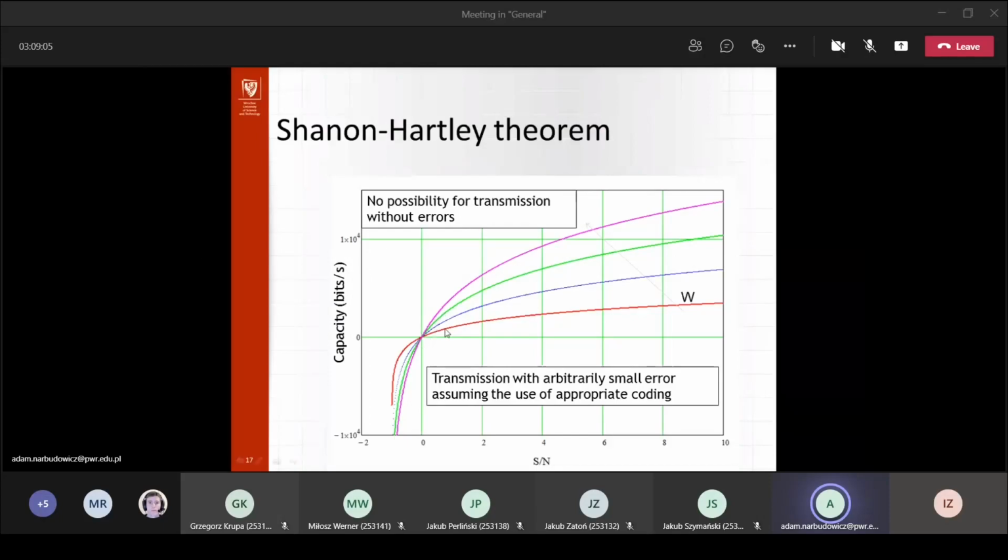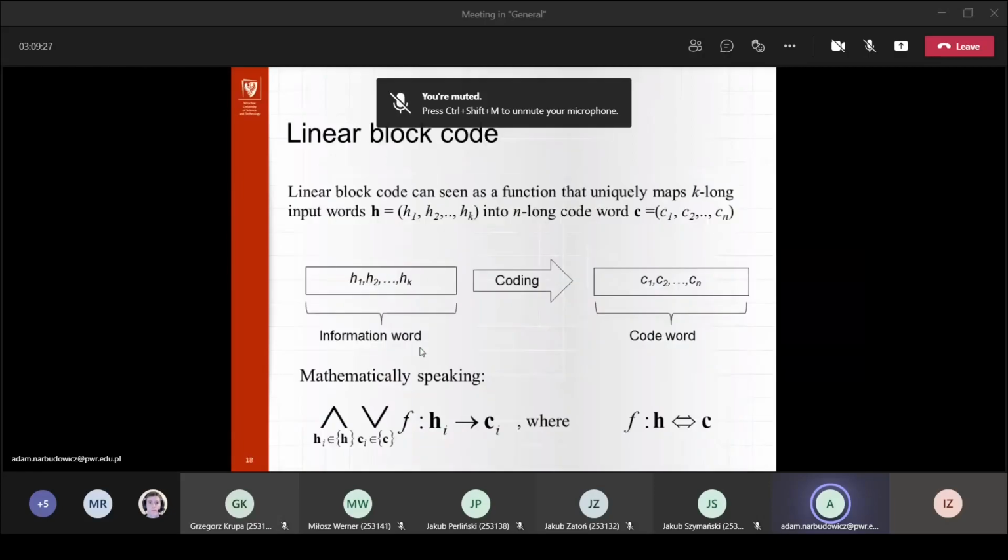But anyway, even if you have a very weak signal with a lot of noise, so low SNR, you can still increase your bandwidth and send some information, again errorless, or with a limited or controlled amount of errors, because that's what we are looking for here. Okay.